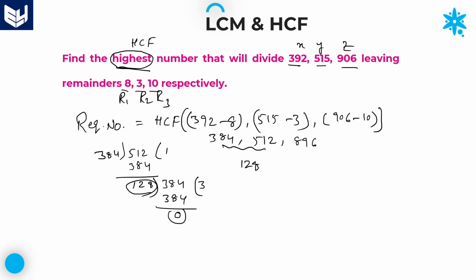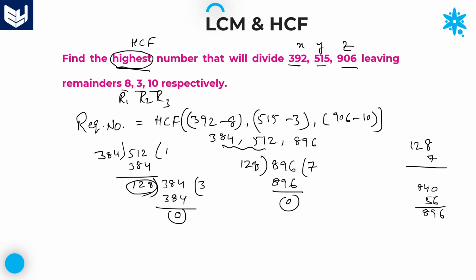Now you can take this 128 and 896. Divide 896 with 128. Check it out, 7 times. 128 sevens are 896, since 100 sevens are 700, and 28 sevens are 196. It exactly divides, and the remainder is 0.